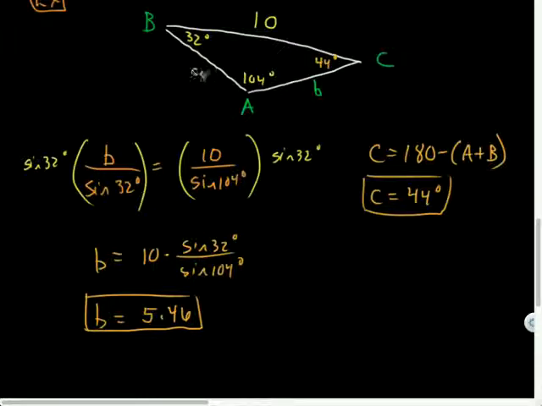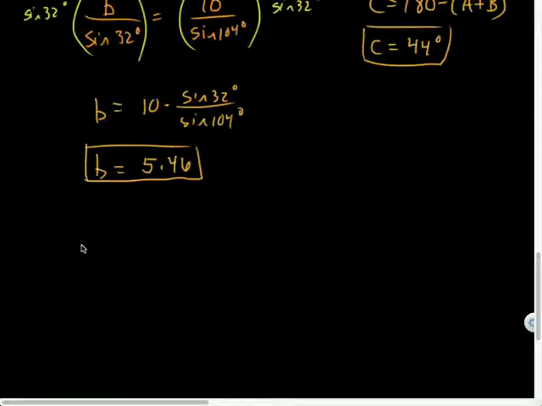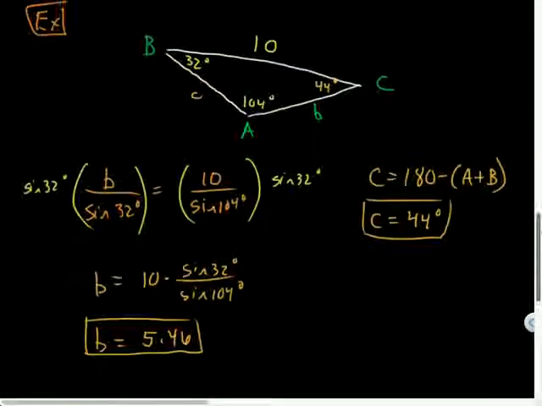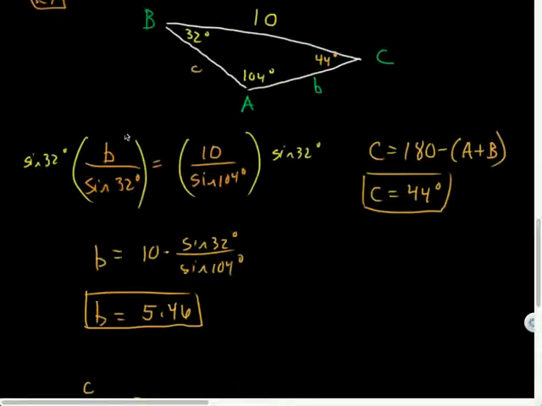Well, I could use law of sines again. I'll do little c over the sine of 44 equals, and now I technically have a choice. I could compare it to the ratio of little b to angle B, or little a to angle A. I'm going to choose a in this case because that's the one that was given to me.